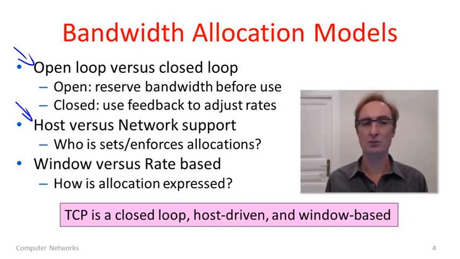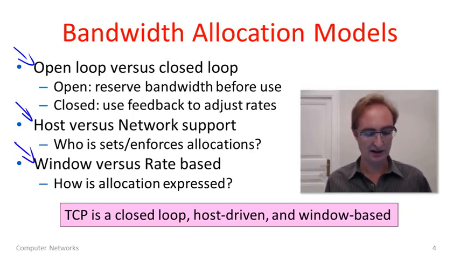For instance, if the network is enforcing it, the network's really in control, and users can't undermine the network. If the hosts are setting the bandwidth allocations in some ways, then really they better behave in a good way for the network, or they might have an adverse effect on the whole network, and there's nothing much the network can do about it. So these things matter at a high level.